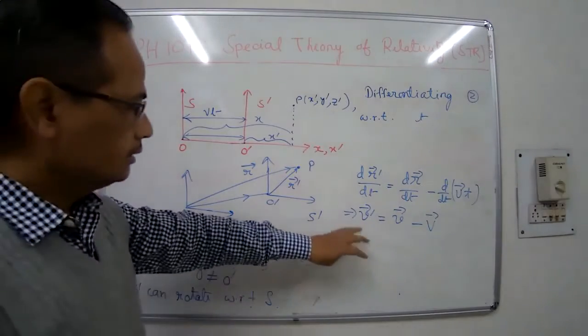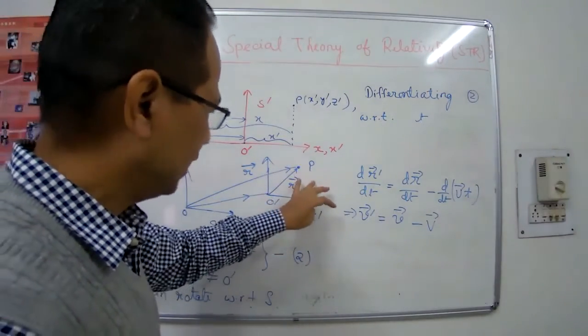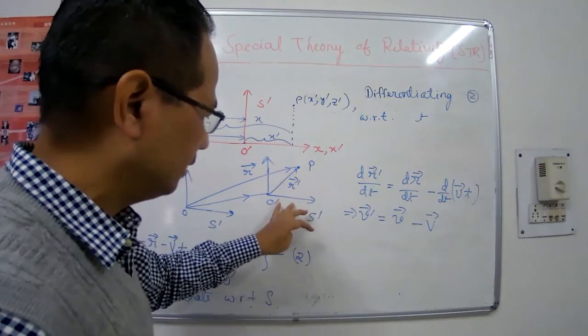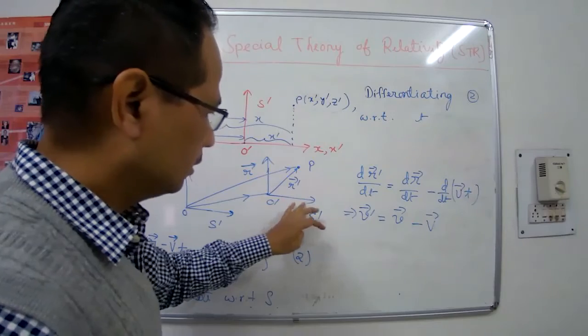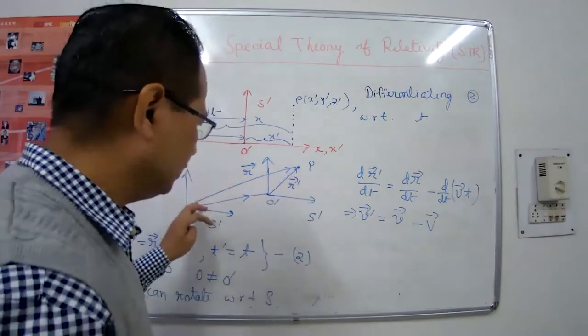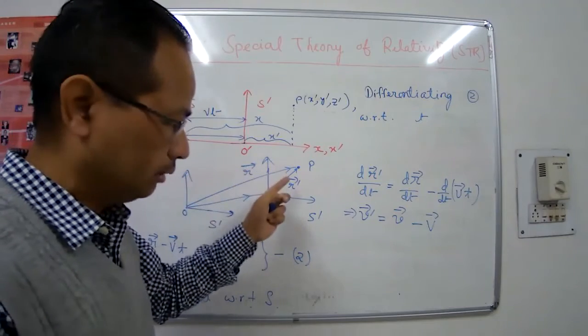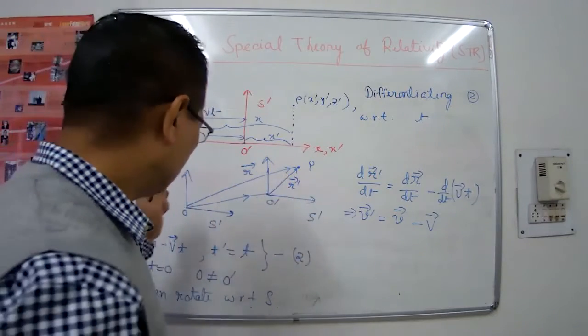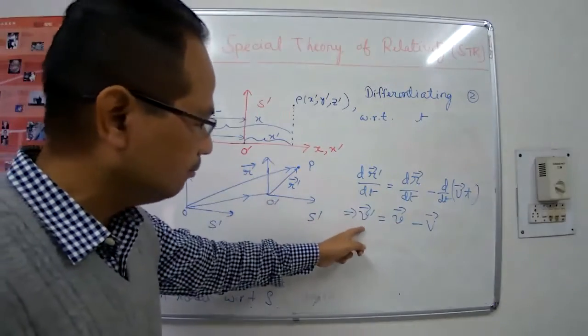What is meant is that if a body is having a velocity v prime as measured in the frame S prime, that you can express in terms of the velocity v as you measure from frame S of the same body. So according to S, the velocity is v. According to S prime, the velocity is v prime.